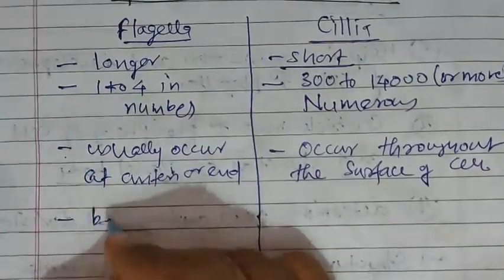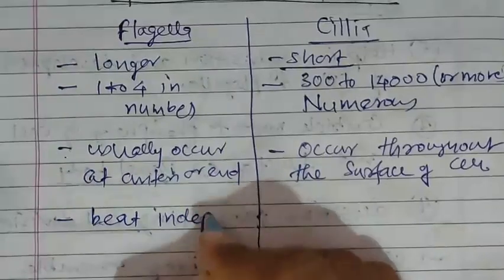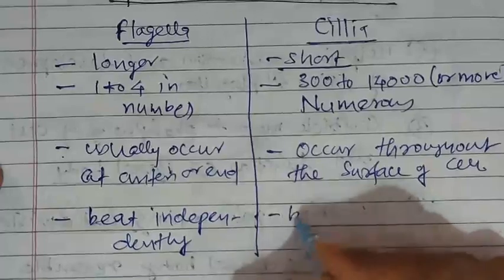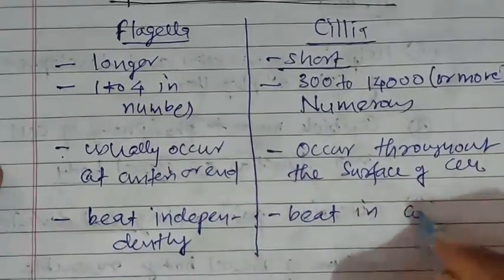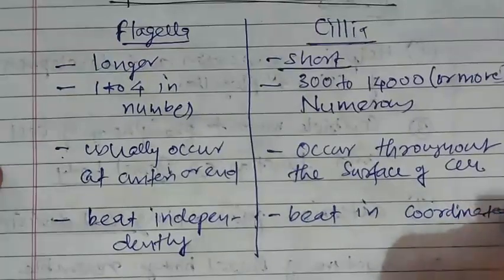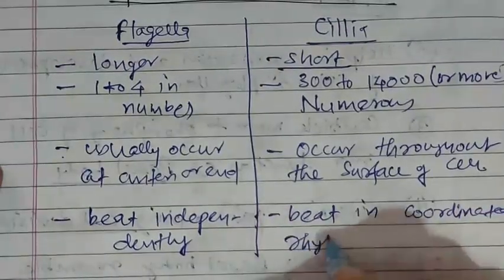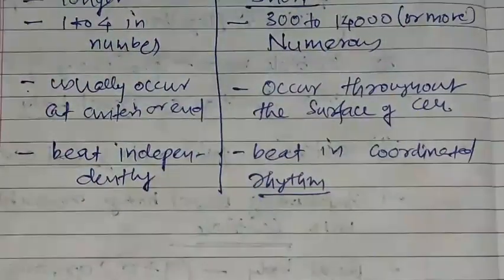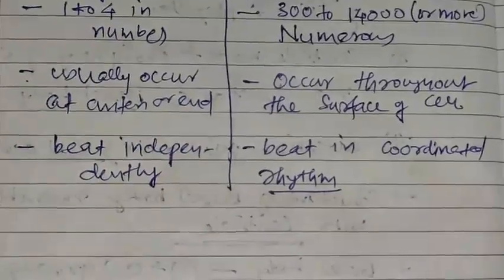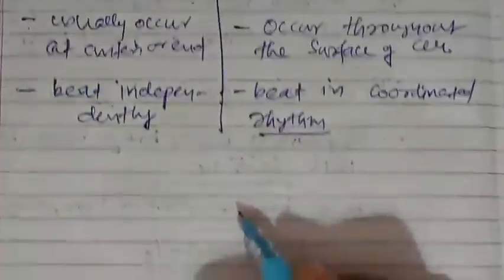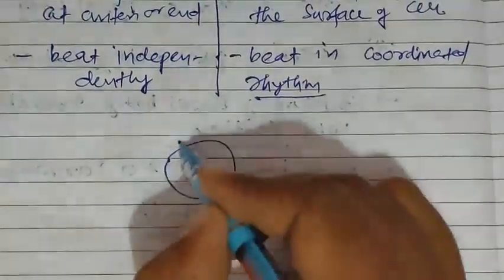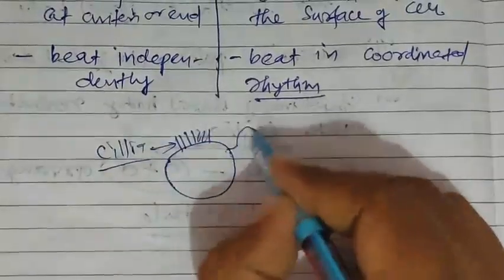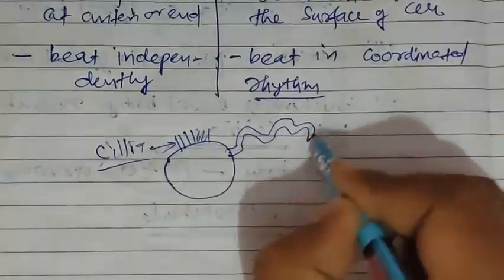Flagella beat independently, while cilia tend to beat in a coordinated rhythm. Flagella beat on their own, but numerous cilia show coordinated beating. Suppose this is a cell, then these projections are cilia. But flagella are longer.